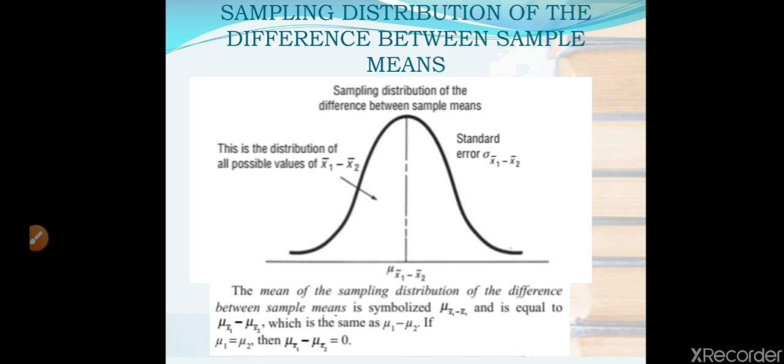Now suppose we take a random sample from population 1 and another random sample from population 2. If we subtract the two sample means, we get x1 bar minus x2 bar, the difference between the sample means of the two populations. By constructing a distribution of all possible sample differences x1 bar minus x2 bar, we end up with the sampling distribution of the difference between sample means.